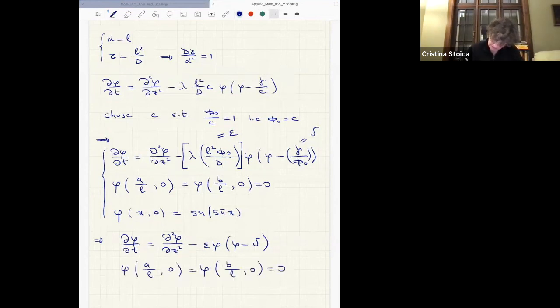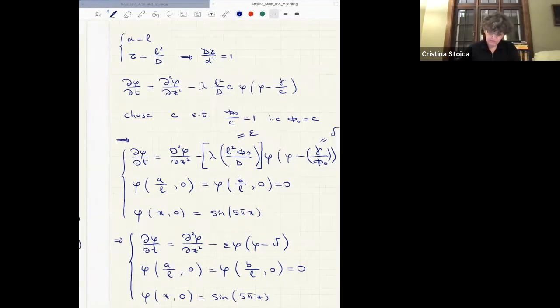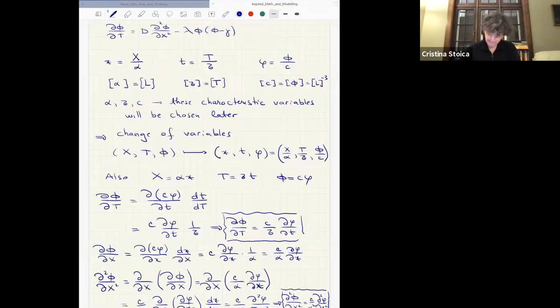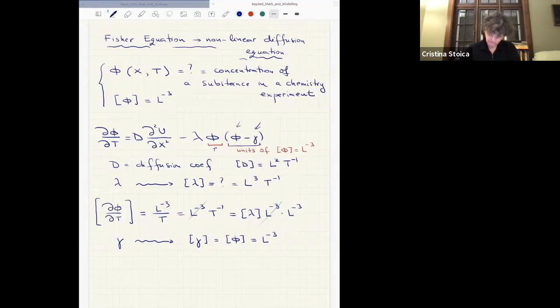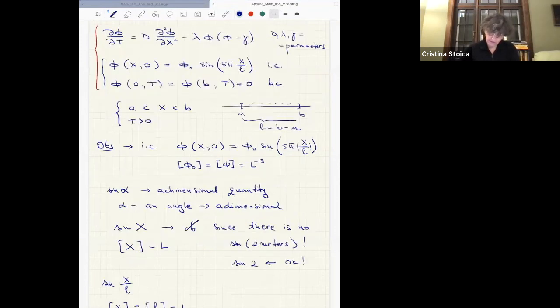So we started with 3 parameters. Let's look back for a second before concluding. We started with this problem in which we had 3 parameters: d, lambda, and gamma.